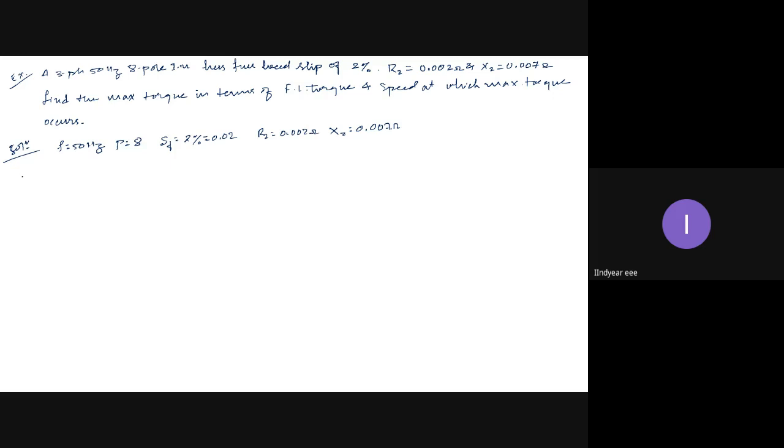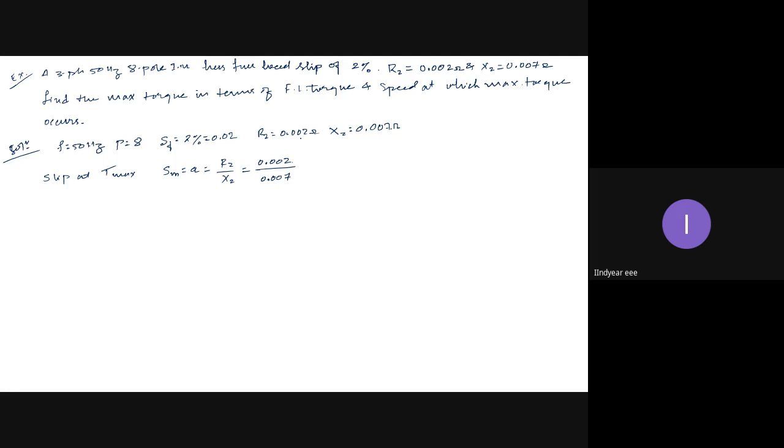You can find slip at maximum torque. Slip at maximum torque, that is Sm is equal to a, which is equal to R2 by X2. So R2 is 0.002, X2 is 0.007.